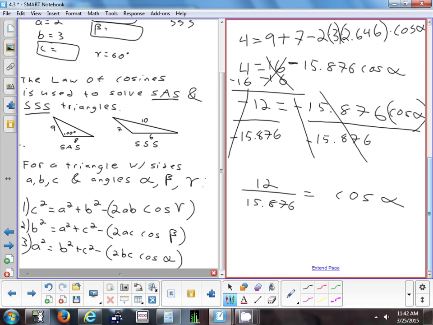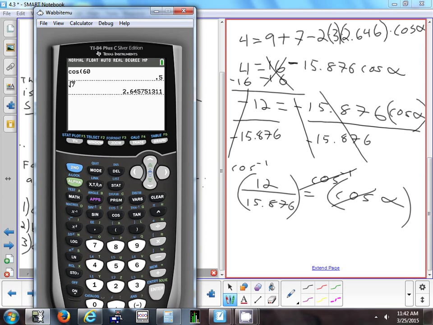So if you use inverse cosine, it's going to cancel that, and alpha is the inverse cosine of 12 over 15.876. So if you can solve an equation from Algebra 1, that's all that the law of cosines is. Just make sure you follow the proper rules for solving an equation.